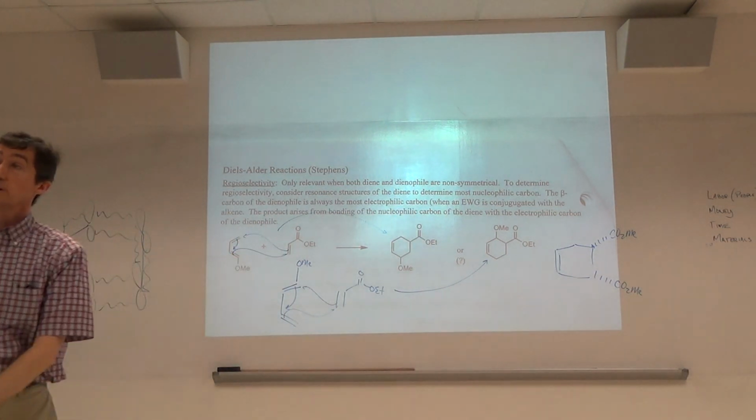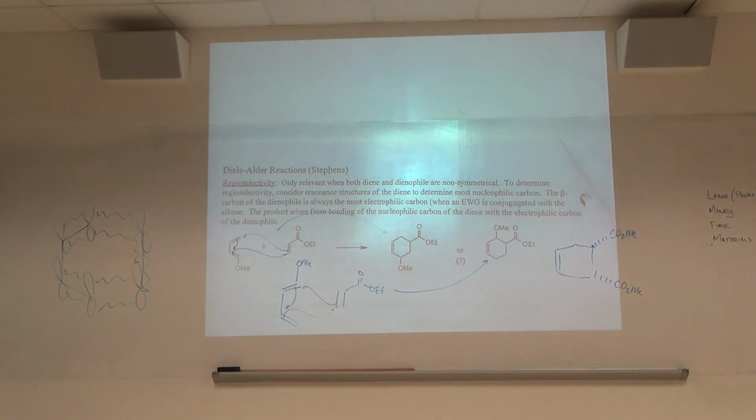And those two are regioisomers because the groups are bonded in different regions in the product. Which way is the reaction going to go? Which is the regiochemistry we expect?